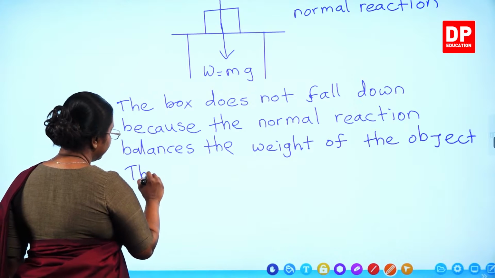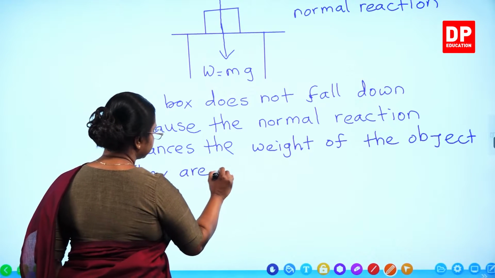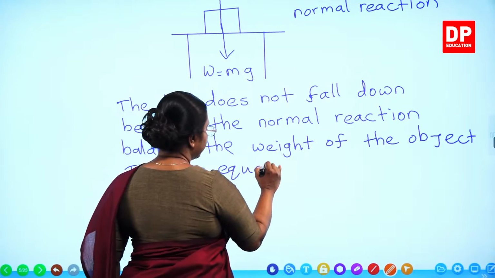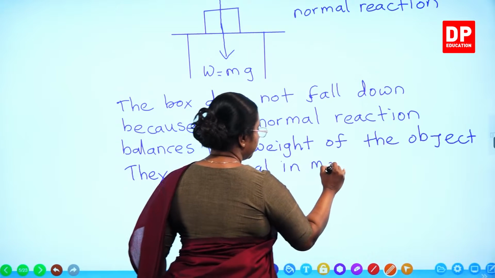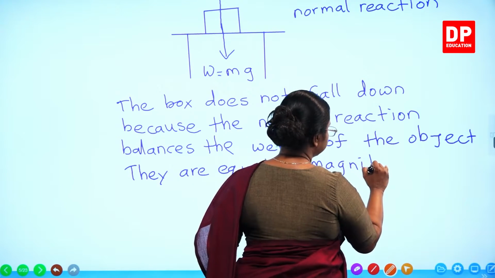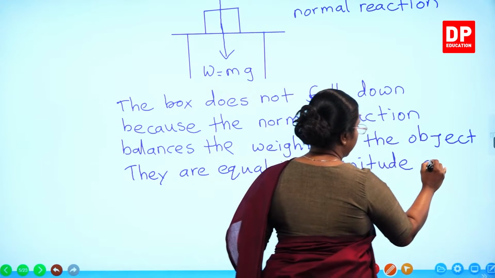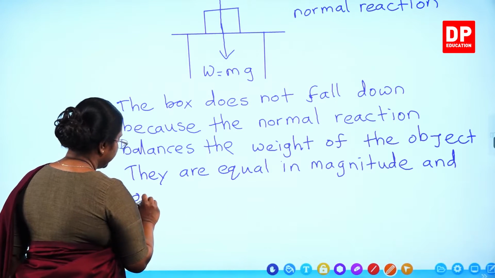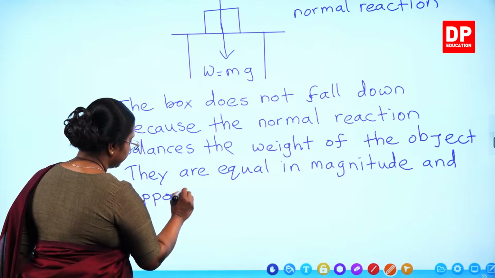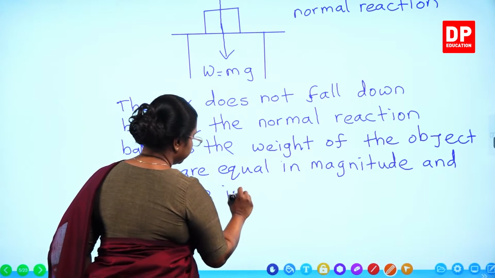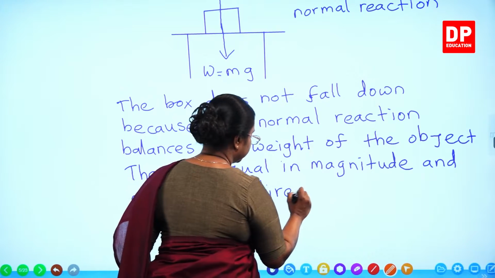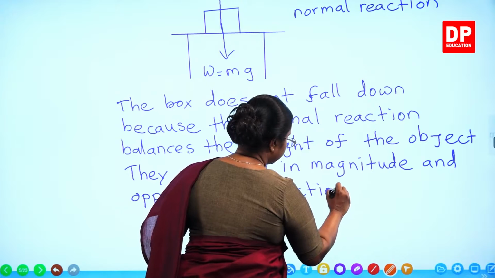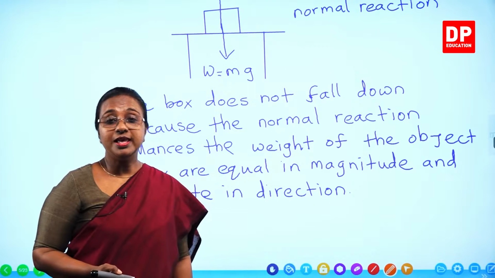They are equal in magnitude and opposite in direction. So how do we call them?